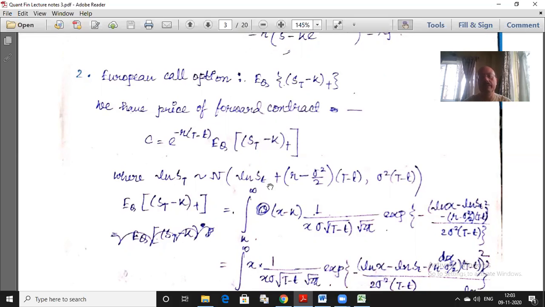So I start from there. And then the log normal distribution property tells me that the expectation will be given by this, r minus sigma square by 2 times capital T minus t, and the variance will be given by sigma square times capital T minus t. This we can evaluate from the first principles using the properties of the Brownian motion.